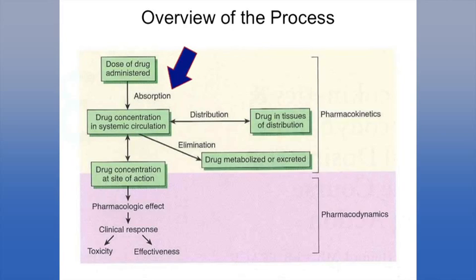The drug has now reached the circulation, and the minute it starts to reach the circulation, it doesn't stay still. It gets distributed throughout the body. So distribution, which is what we're going to talk about now, refers to that process of transfer from its point of entry into the systemic circulation and distribution into tissues.